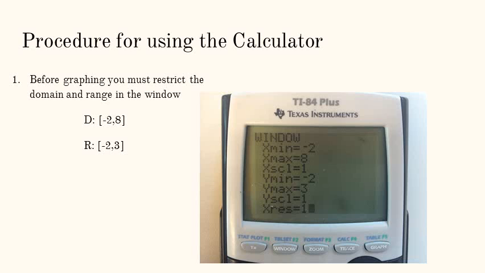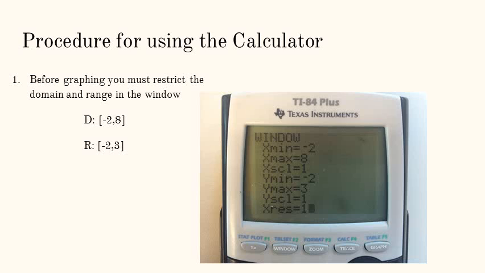And for our X maximum, we know from the problem that the distance needed to travel is 8 kilometers, so we're going to use the value of 8. For our Y minimum, we know that time cannot be negative, but you still want to see the X-axis, so we're going to use the numerical value -2 once more.